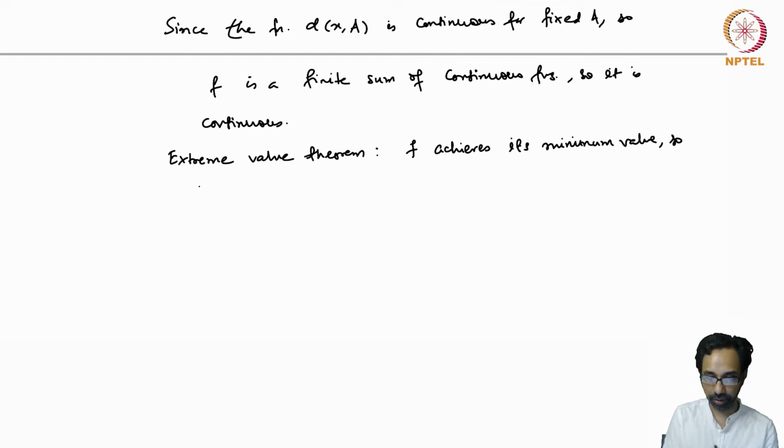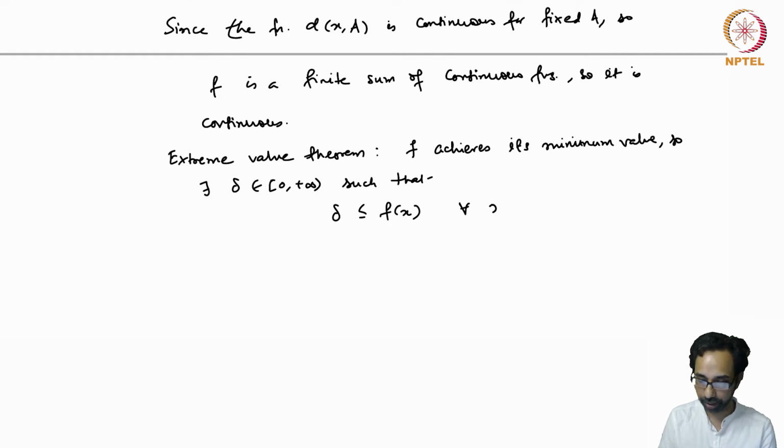So in particular, there exists a delta belonging to the set (0, plus infinity), such that delta is less than or equal to f(x) for all x in X, and this delta in fact is of the form f(x naught) for some x naught.